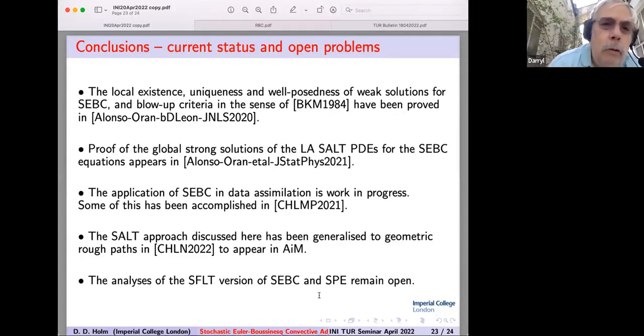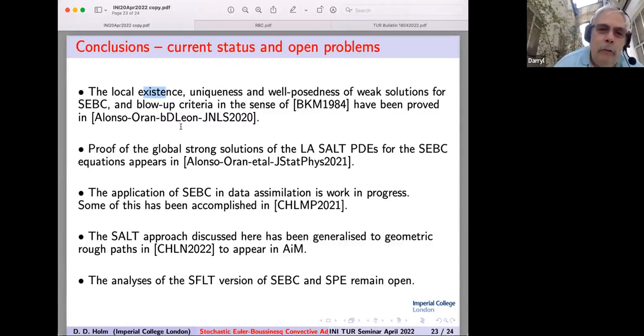So in terms of conclusions, let me say something about the current status and open problems for this. First of all, the local existence, uniqueness, well-posedness of weak solutions for the stochastic Euler-Boussinesq convection and its blow-up criteria have all been proven by Diego Alonso Orán and Aythami Bethencourt de León in a paper in JNLS in 2020.